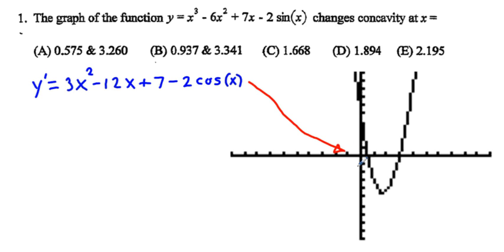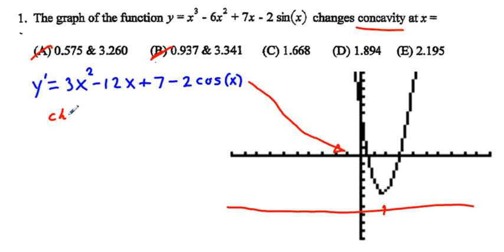And the first derivative, the concavity changes where the slope of the derivative changes from negative. If we drew a number line here, we have some point here, we don't know what it is yet. Oh, by the way, we're not going to have 2 points, so we can eliminate choices A and B because there's only one place where we change concavity.